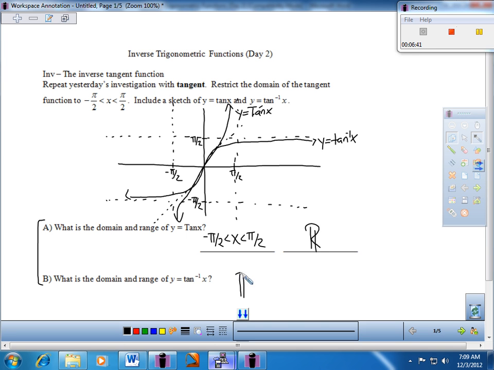So these become our inputs, which would be the tangent ratios. And we're going to talk a lot about this tomorrow, try to put it all together for you. So the ratios are the inputs of the inverse. And for a tangent, I can have any number as the ratio. And everybody, the angle measure in the restricted interval, that's where we have to be careful. The angle measure in the restricted interval is the output.